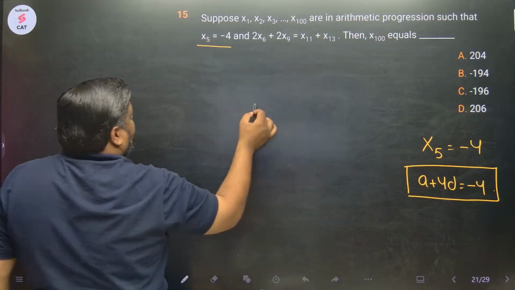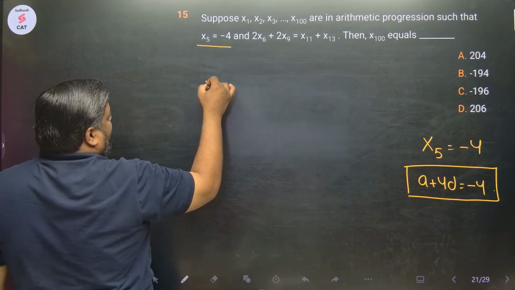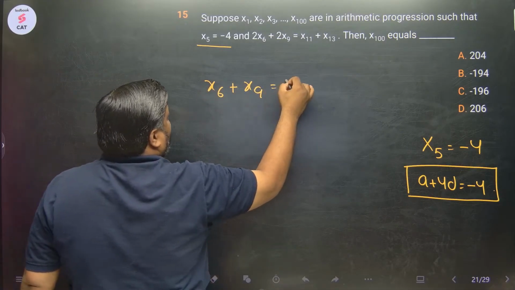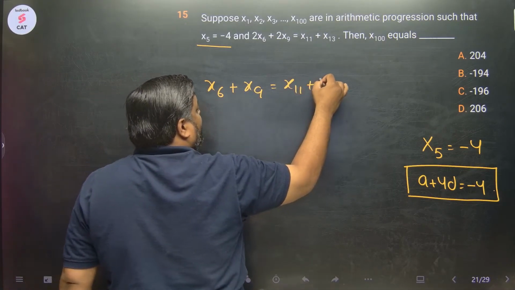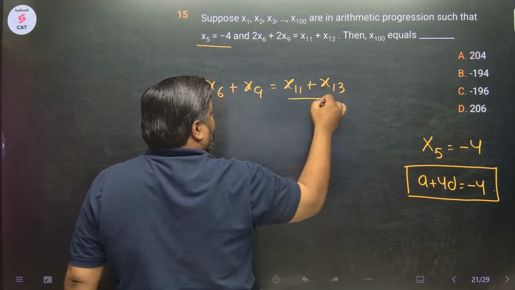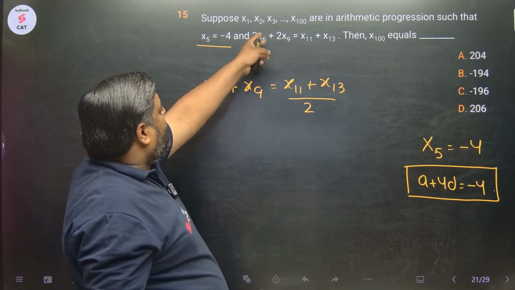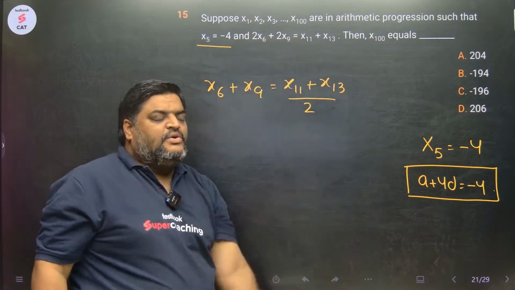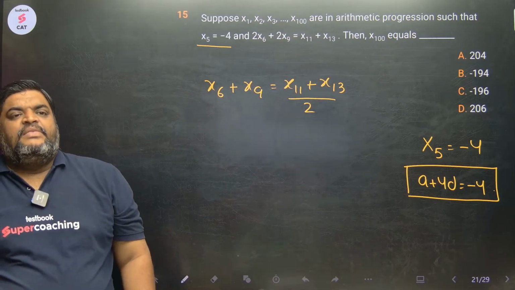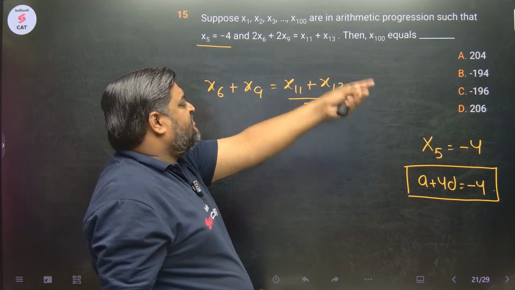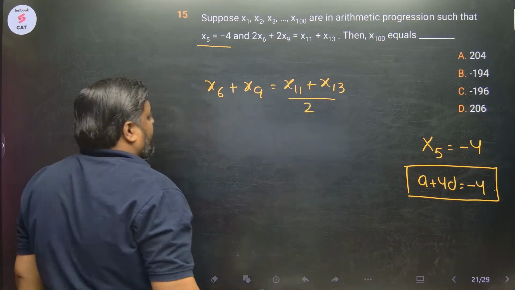What about this? देखो, I can write this as x6 plus x9 equals x11 plus x13 by 2. Directly put करके भी हो जाएगा, but better है कि you do it like this, क्योंकि these numbers are arranged in such a way कि आपका calculation easy हो जाए.